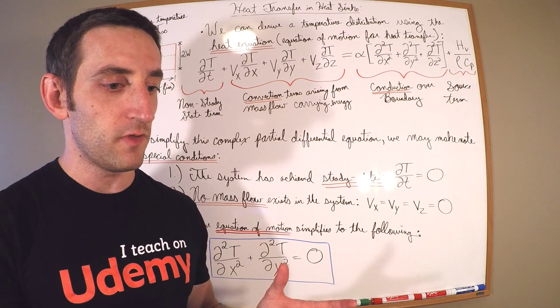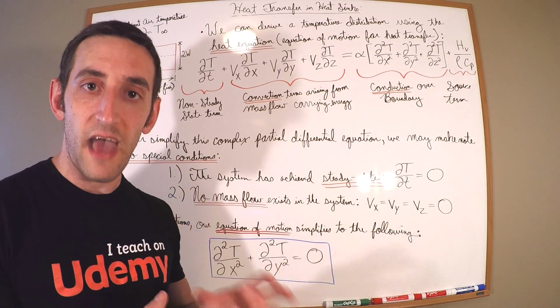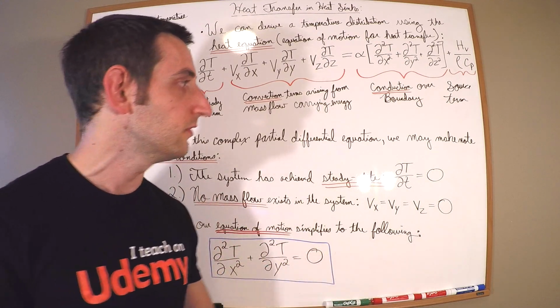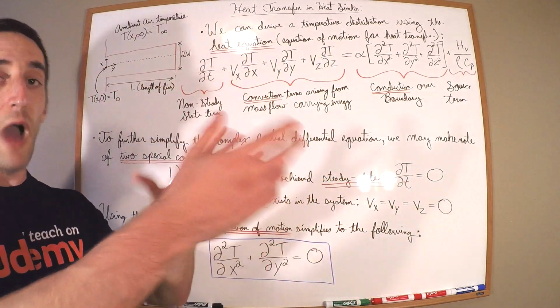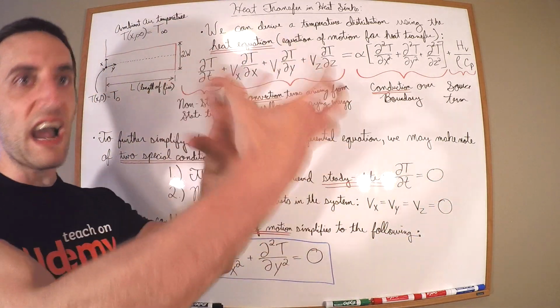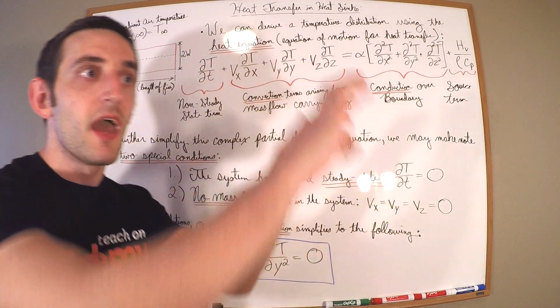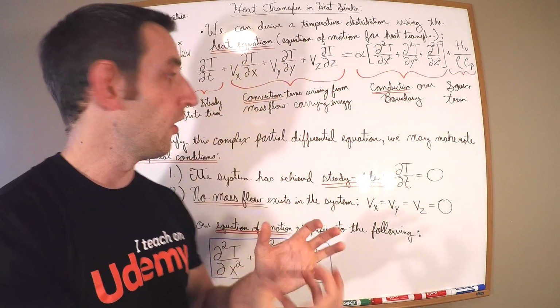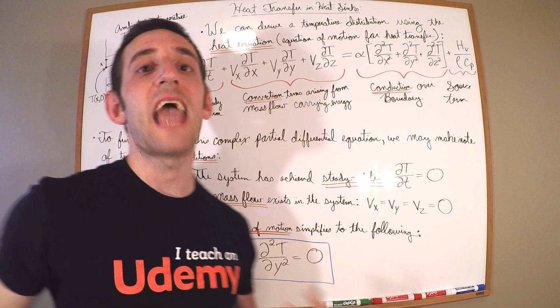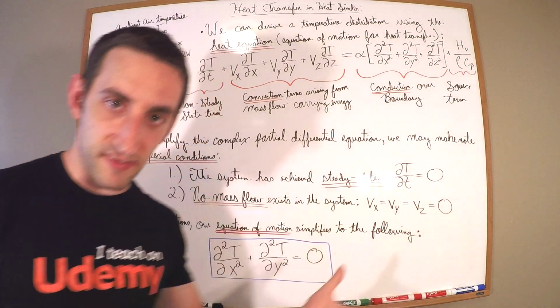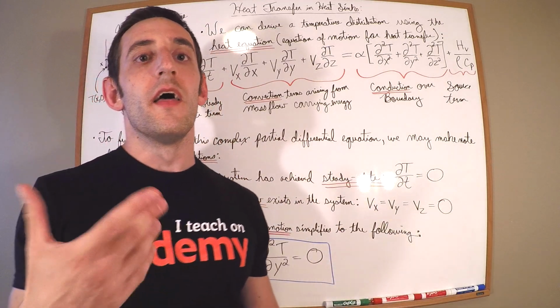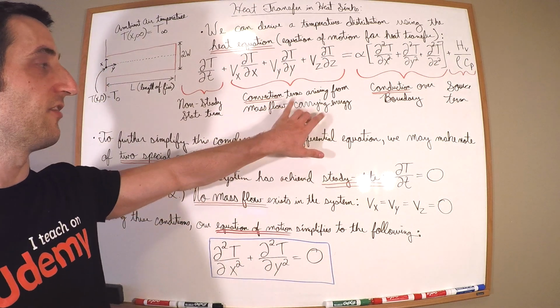So for an example, the best example I had and problems I solved in grad school was wax from a candle. So if you have wax from a candle, the material can melt and it can flow. That flow, mass flow, can carry that energy out of the system or around the system. That is described again by this convection term.